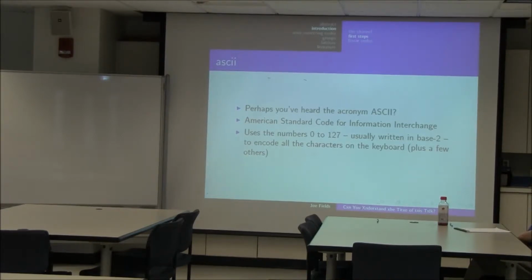So that's strings of length 7 in binary data. And that gets you everything on the keyboard, lowercase, uppercase, all the characters, the funny stuff, plus a couple of things like ring the bell is one of the ASCII characters. Yeah, so how do you get all the ASCII art if you only get what's on the keyboard? ASCII art is when you make art out of the symbols that are just on the keyboard.